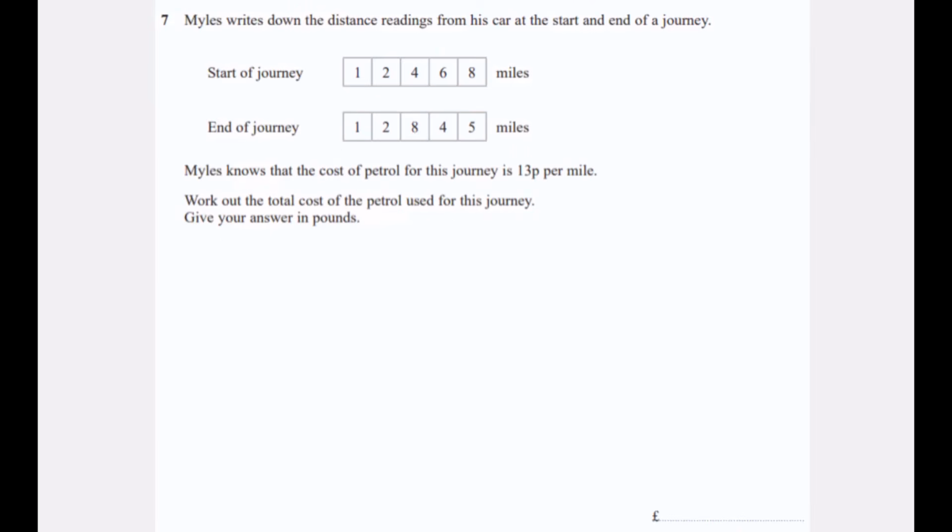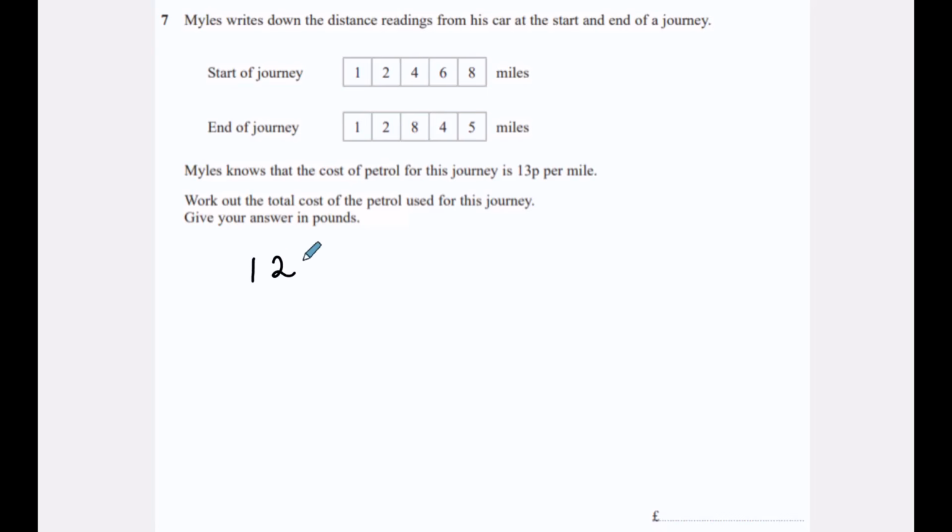Question 7. Miles writes down the distance readings from his car at the start and end of a journey. Miles knows that the cost of petrol is 13p per mile. Work out the total cost of petrol used for this journey. So we need to know what the distance is. So the distance that he's gone on his journey is going to be the difference between these two readings.